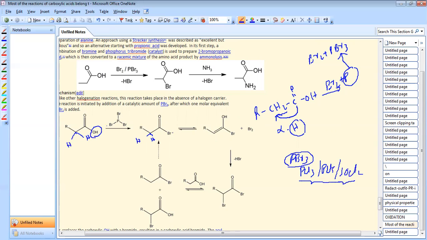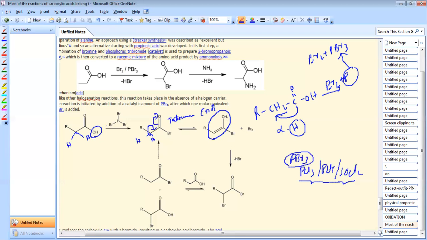Next, one of the alpha hydrogens' bond shifts here, then this bond shifts here. This is known as tautomerization, and this tautomerization gives the enol. This form is known as the enol form. Next, in this enol form, the enol hydrogen will react with bromine.